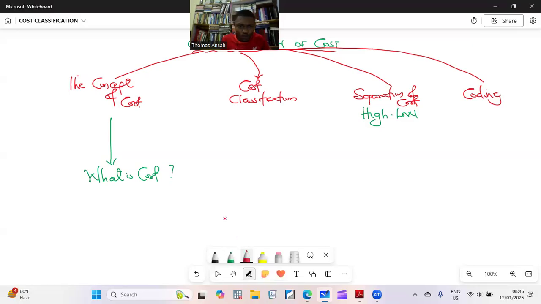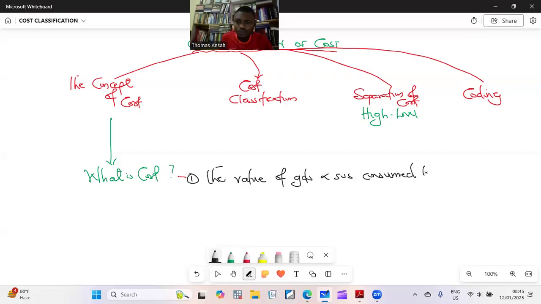So when we talk about cost, we can take cost as the value of goods and services consumed by customers or consumers, or that same cost that is incurred in producing, so the value of goods and services produced by producers.